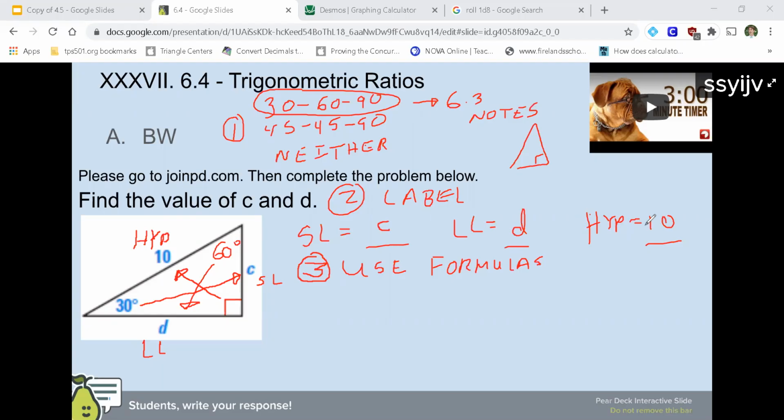You should have two formulas in your notes, but we can't use the other one because the other one is about the short leg and the long leg, and I don't know either of them. I do know the hypotenuse, so I can use that formula. Hypotenuse is equal to the short leg times 2. If I plug in then, the hypotenuse is 10, and the short leg is C.